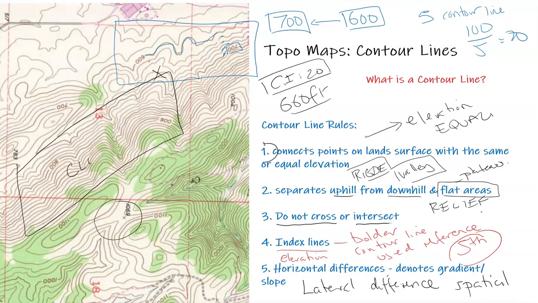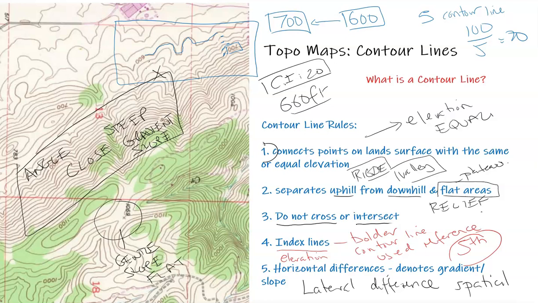If they are close together, that denotes a steep gradient, or a steep slope, where the surface is at an angle. It's not flat. And this area right here would denote a gentle slope, or if the contour lines are very far apart, then it's actually a flat area.